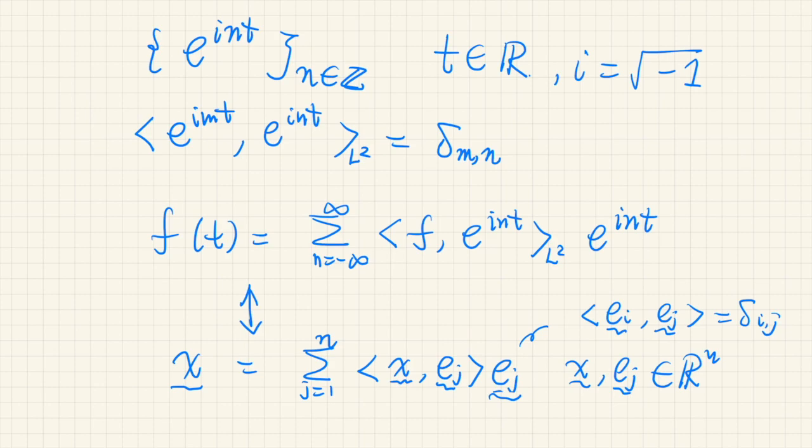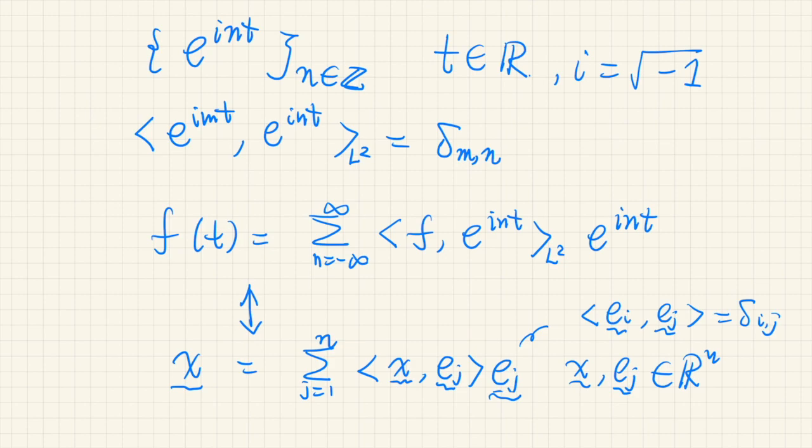Based on this fact, we can see that any Fourier series expandable function f can be expressed as a linear combination of this exponential function with the inner product between f and this exponential function as the coefficient.